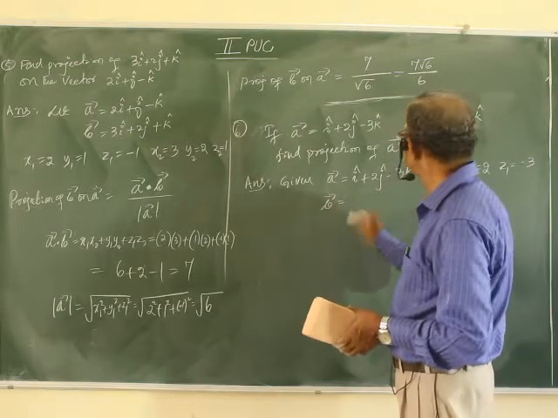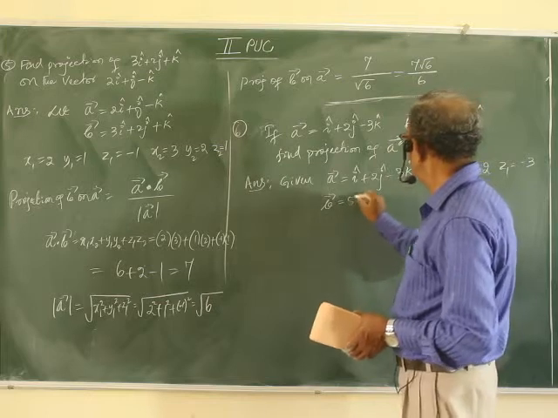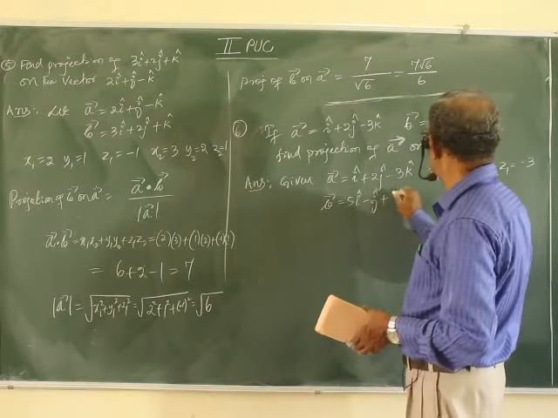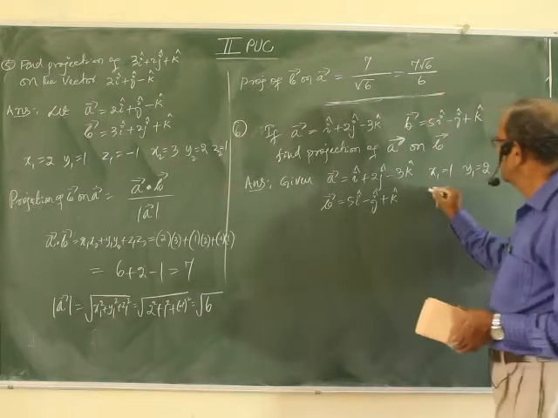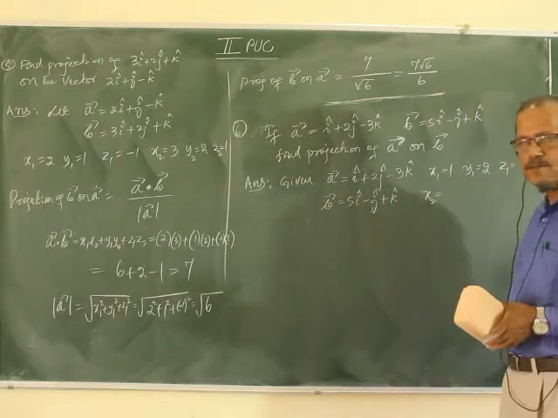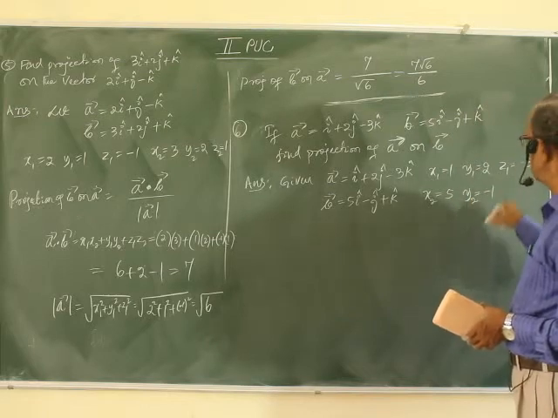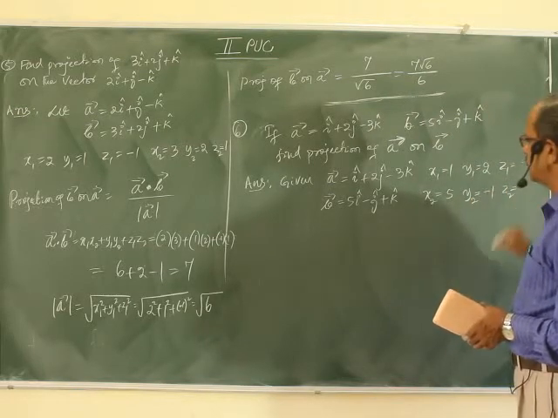B equal to 5i minus j plus k: x2 equal to 5, y2 equal to minus 1, z2 equal to 1.